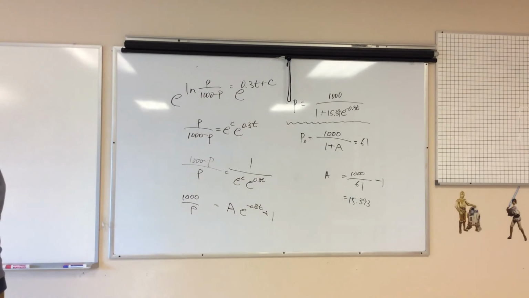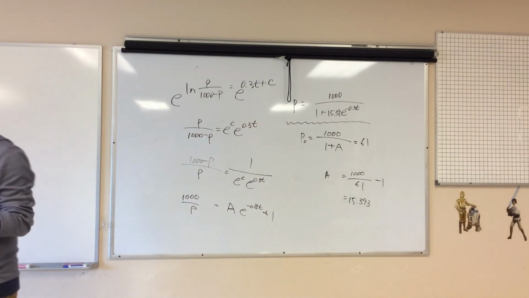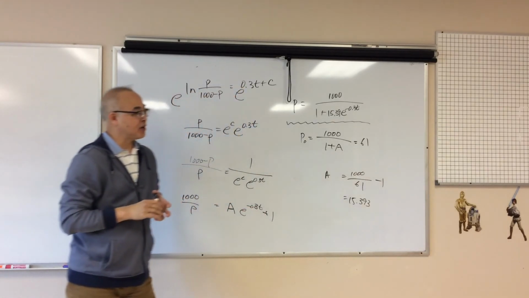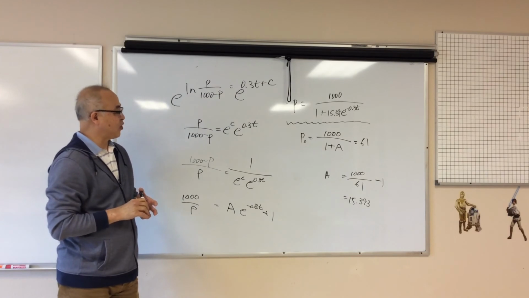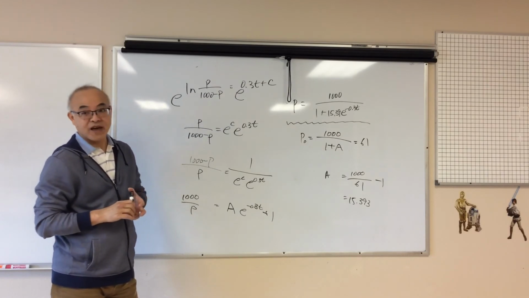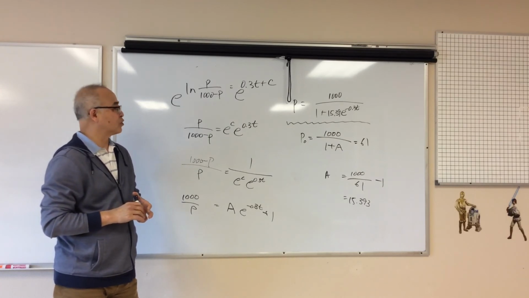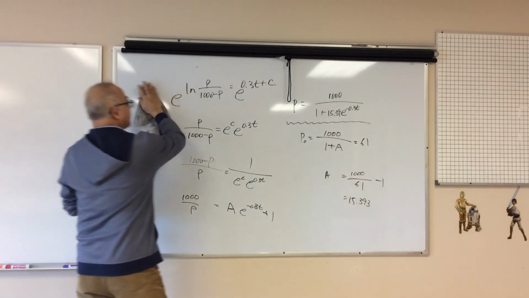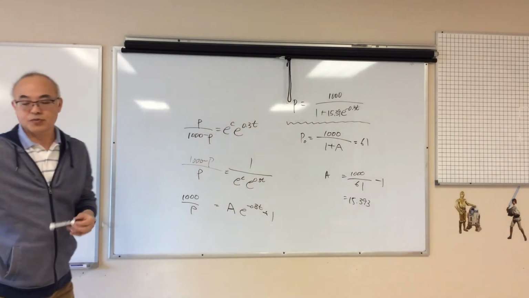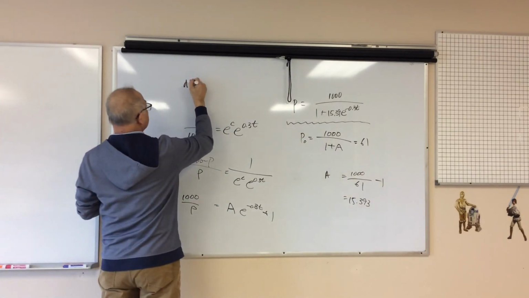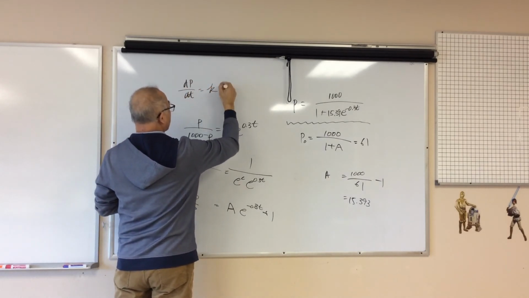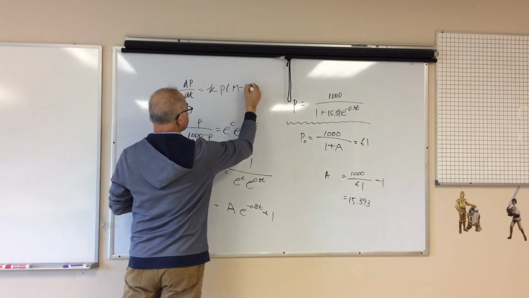Okay. Questions that people like to ask here is, at what point does the function grow the fastest? What does a growth curve look like? Let's go back to the initial function now. The initial function was dP/dt is equal to k P (M minus P).